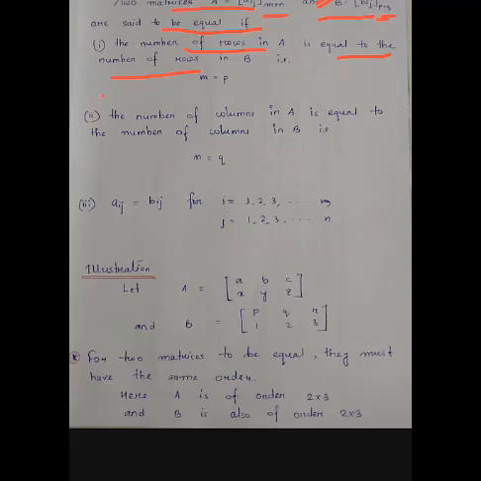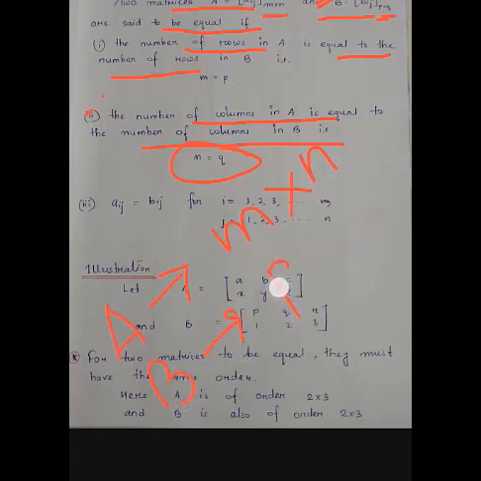Looking at the second point, the number of columns of matrix A should again be equal to the number of columns of matrix B. That means n is equal to q. I mean matrix A is of order m by n, and matrix B is of order p by q. We want these two matrices to be equal.